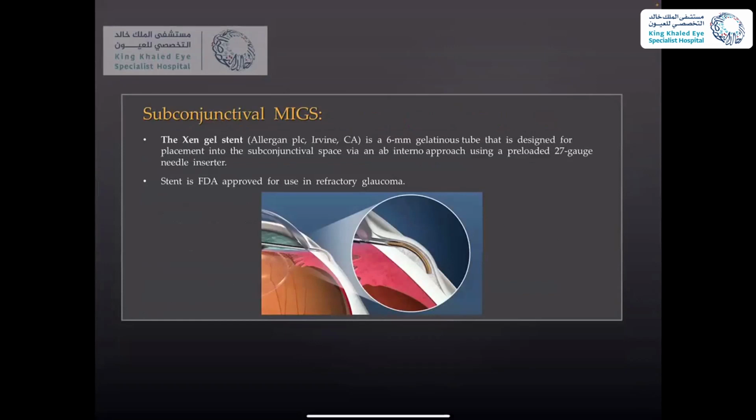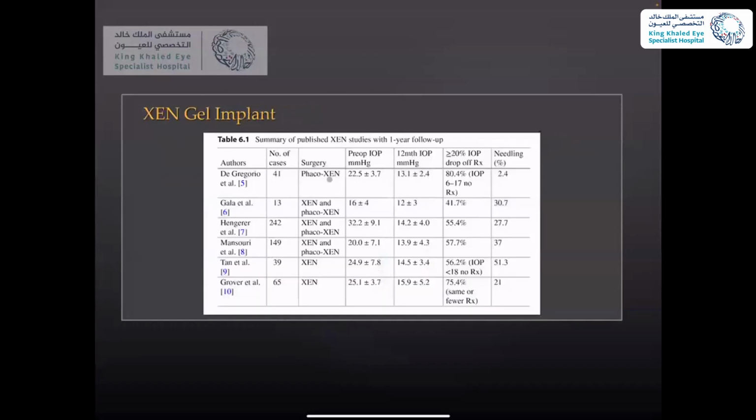Here we'll talk about subconjunctival MIGS, which is the Xen, as we mentioned earlier, a promising stent because, as you see here, it's FDA approved for refractory glaucoma. And as you will see later from the summary of publications done for Xen, the lowering of IOP is significant and you can target lower teens IOP with this stent, which makes a huge difference.